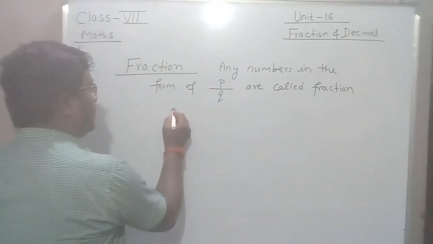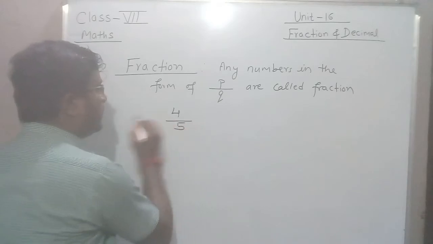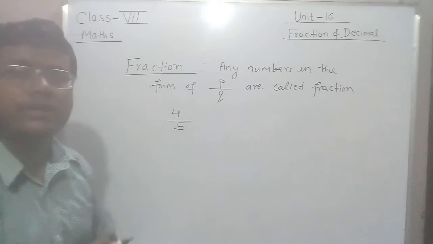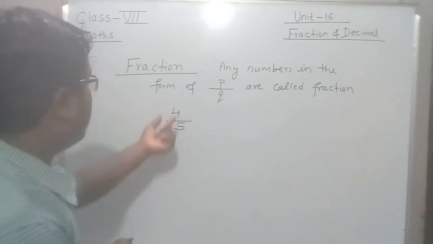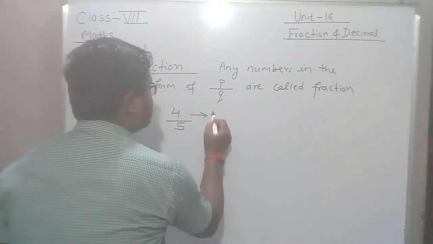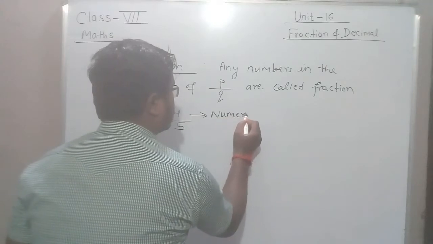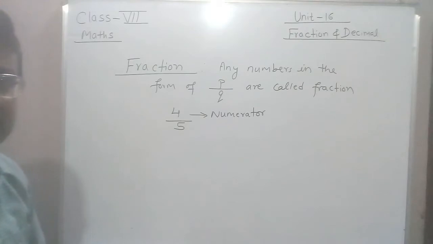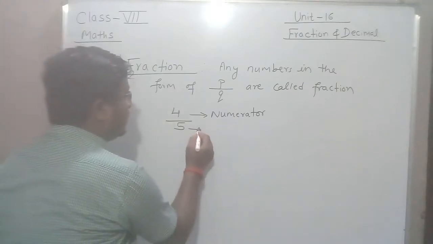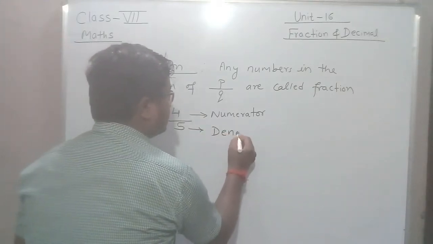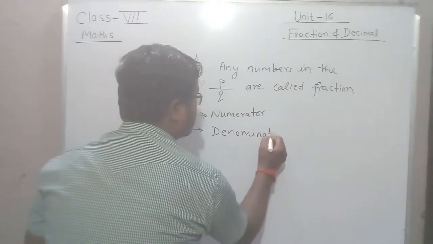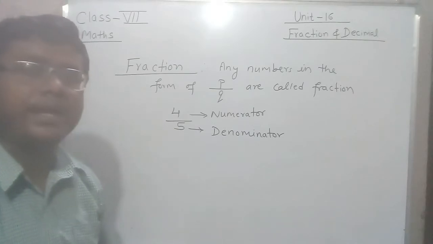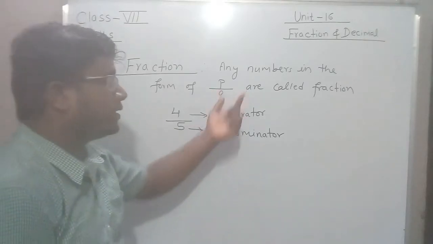For example, 4 upon 5. The number which is written just above is called the numerator, and the number which is written below is called your denominator. So any number in the form of p by q is called a fraction.